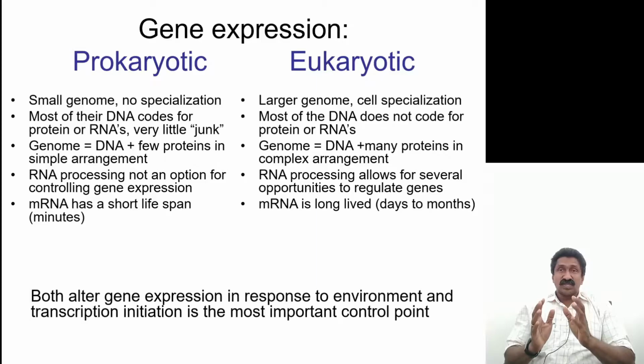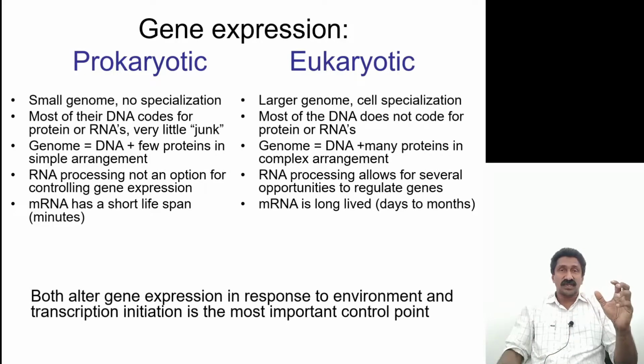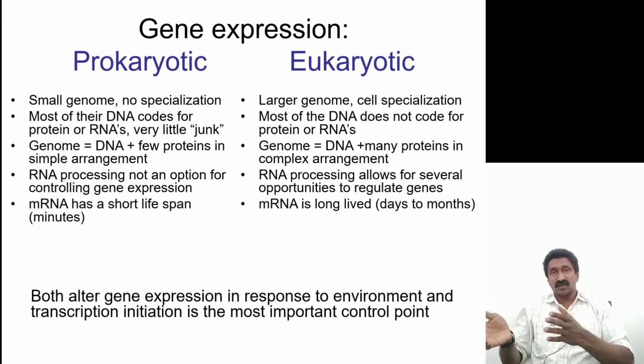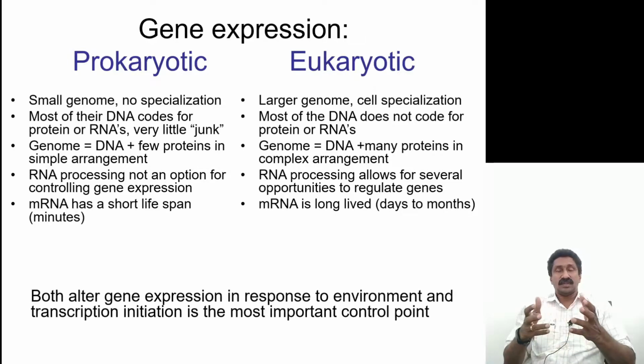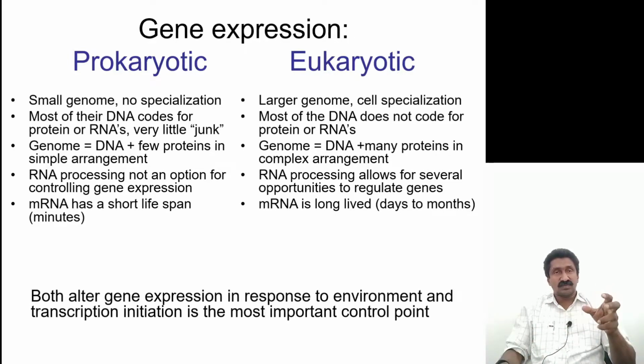And specialization or cell differentiation is not present in prokaryotes, whereas cell specialization into different specific cell types like neuronal cells, bone marrow cells, muscle cells, islets of Langerhans in the pancreas, lens cells, all these are different types of cells with specific functions, and that cellular specialization or cell differentiation occurs only in eukaryotes and not in prokaryotes.